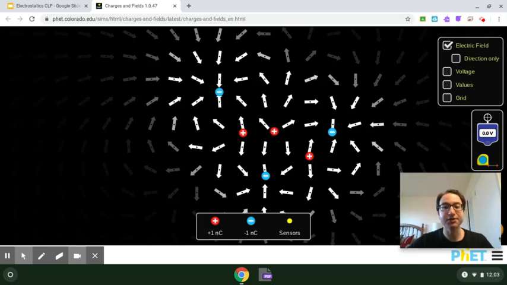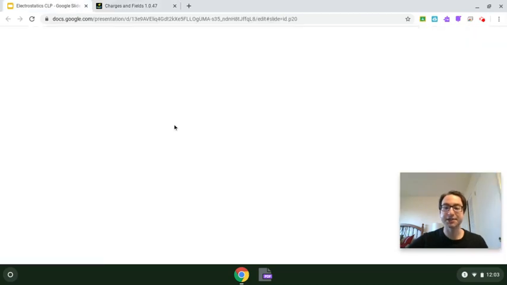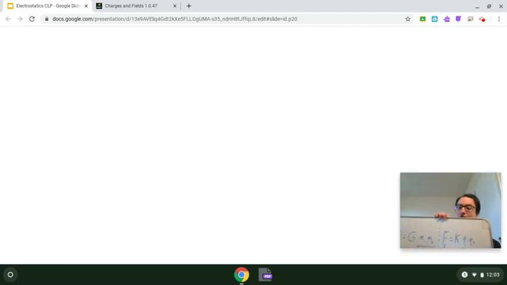And then there is also an equation for electric field for the Regents students. It's the exact same equation as Coulomb's law, except we're only dealing with one charge at a time. So instead of being kQQ over r squared, we just take away a Q. This is the equation for electric field.